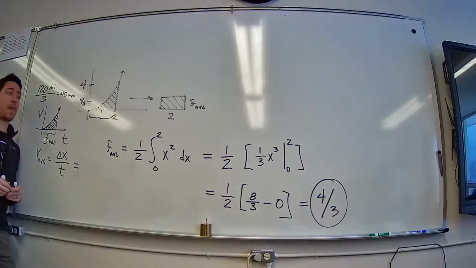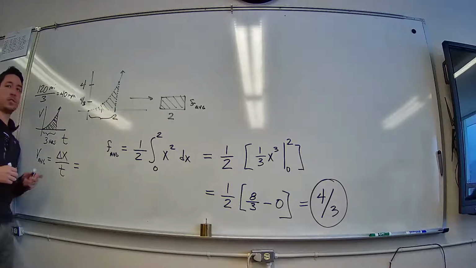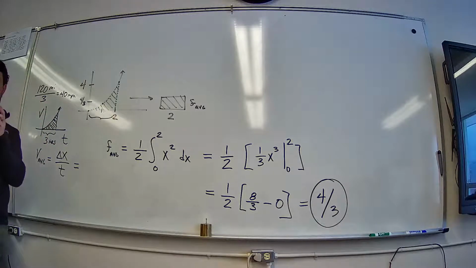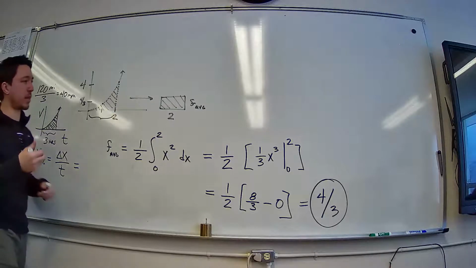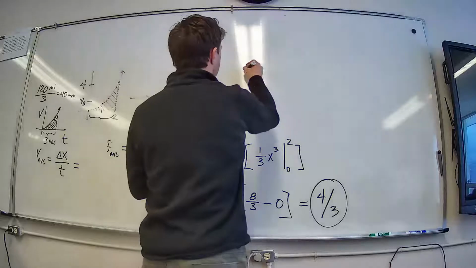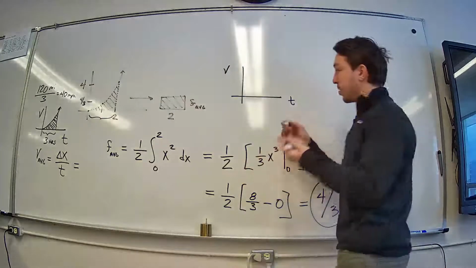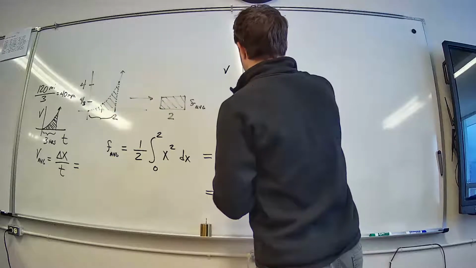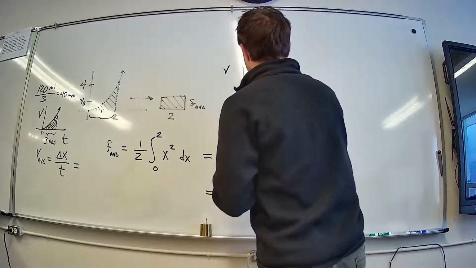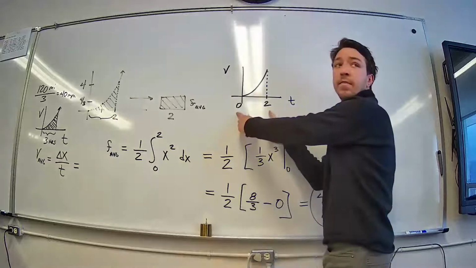Could you explain your rectangle? I don't understand what you're getting at. Okay, let's use the same numbers and talk about velocity time, and then it'll connect to the rectangle. Suppose this is your velocity time graph, and let's suppose that it is parabolic. Suppose this is a 2-second interval.